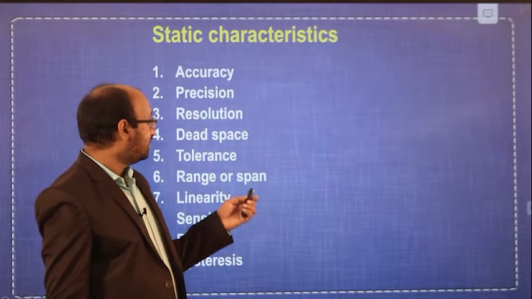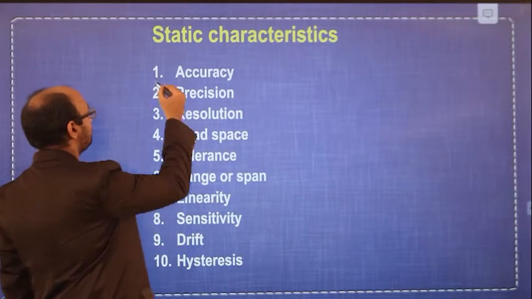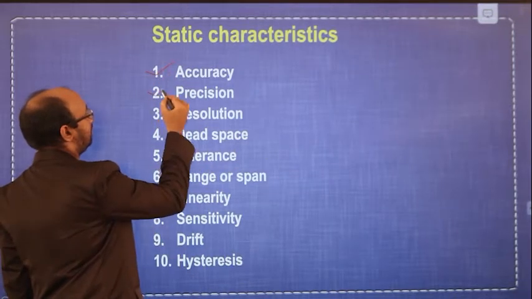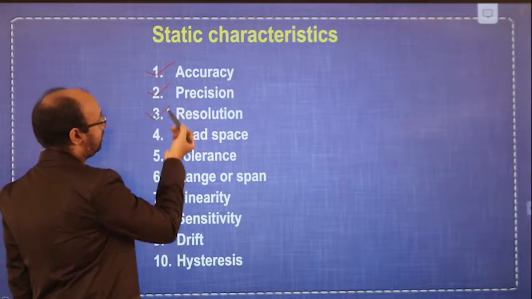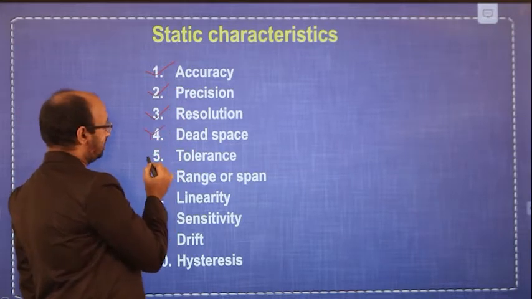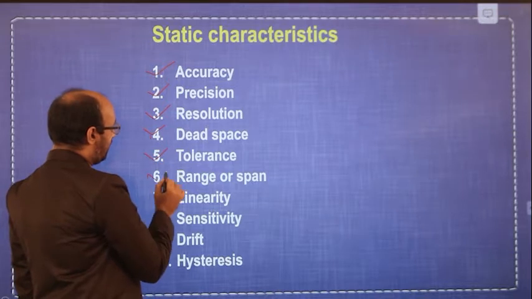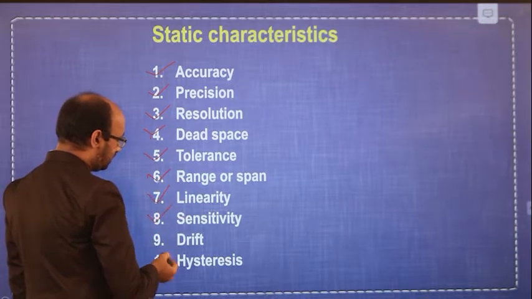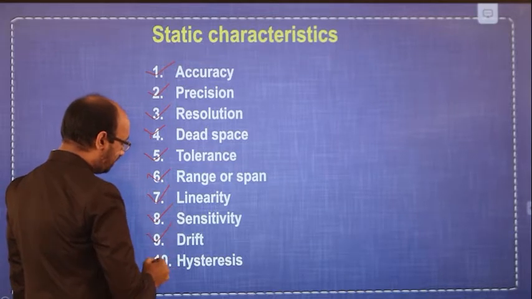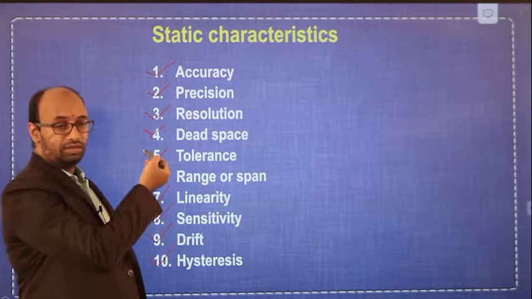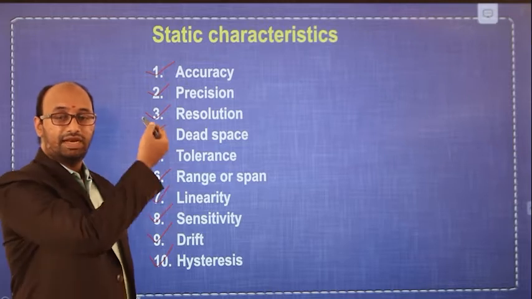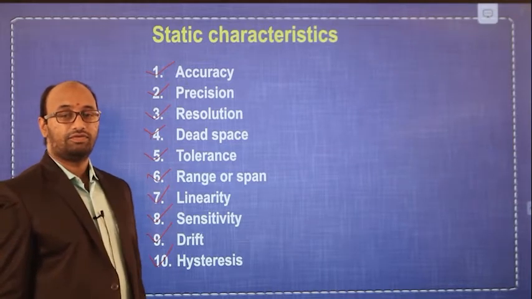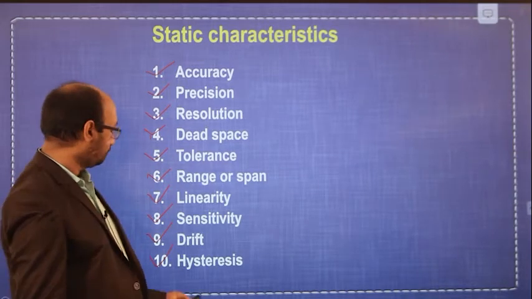There are many static characteristics: accuracy, precision, resolution, dead space, tolerance, range, linearity of the instrument, sensitivity of the measuring instrument, instrument drift, and hysteresis. These are the 10 main static characteristics of a measuring instrument.